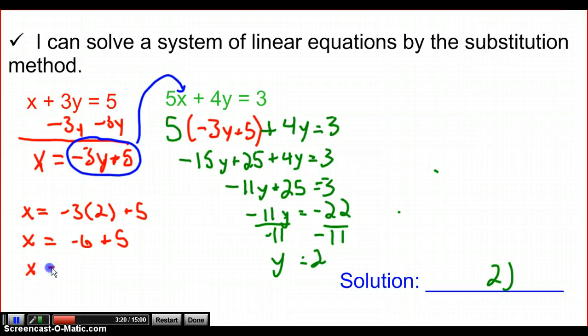And so x turns out to be negative 1. So our ordered pair, or the solution to the two equations, is the point negative 1 comma 2. As a note, if you were to graph these two equations, we would end up with two lines that would intersect at the point negative 1, 2.